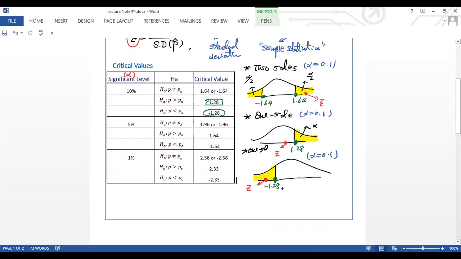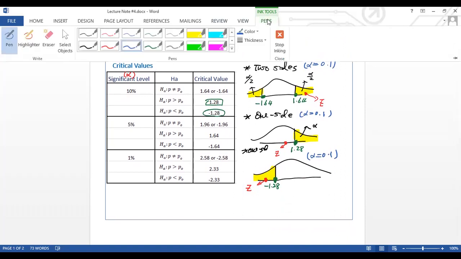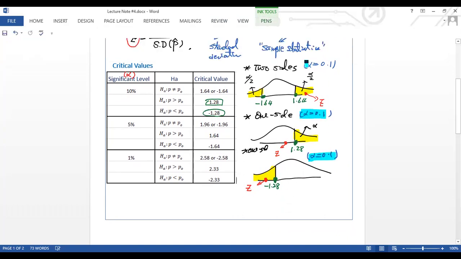If you have different levels, then your critical value will be different. So it depends on your alpha values here.